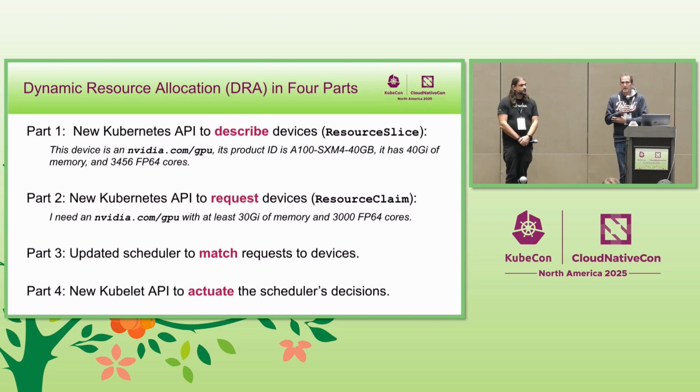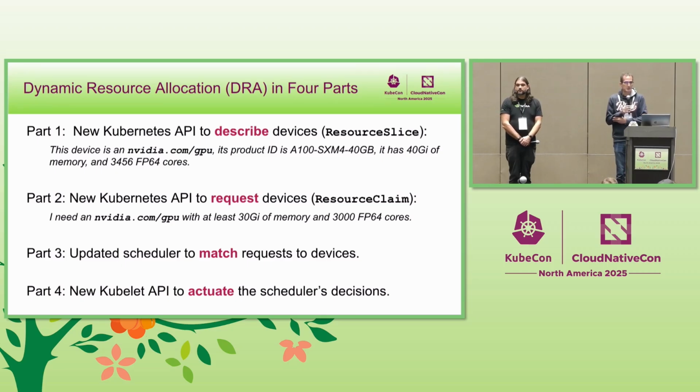So what actually is dynamic resource allocation? You can think of it as a replacement for device plugins. That's where we started, and we wanted to have something that is more flexible. First, how do we actually describe hardware? With device plugins, you just have a count, a list of devices at the node level, and then it gets exposed in the node status as a list of things, but it's really just a string and a number.